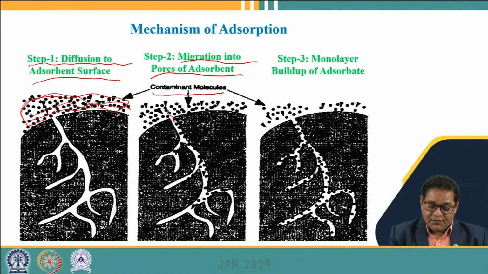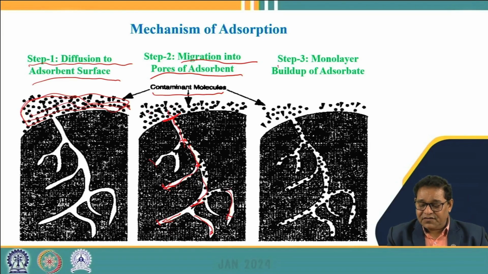From the surface, there is a concentration gradient within the pore. Because of this concentration gradient, pore diffusion occurs and pollutants move from the surface inside the pores, get accumulated, and finally get adsorbed onto the different pores of this adsorbent.